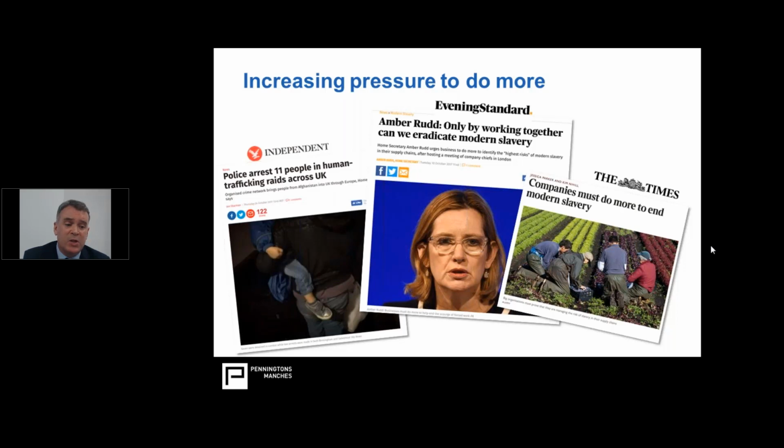Since the government has positioned itself as a leader on modern slavery, there has to be more action in sanctioning companies for not reporting."